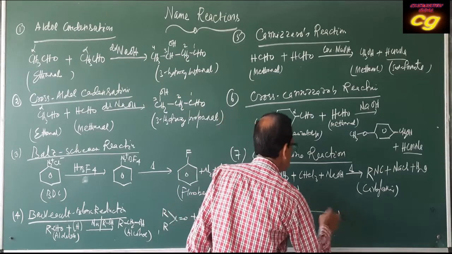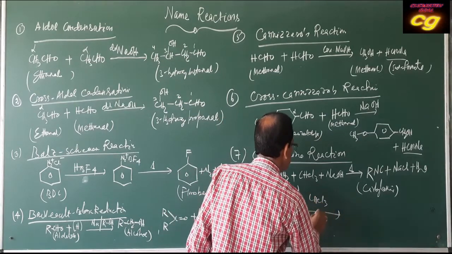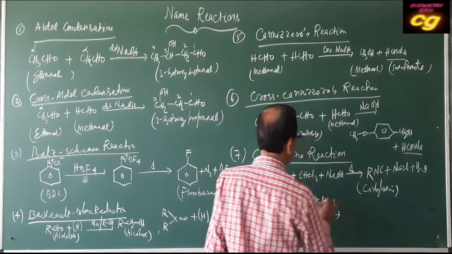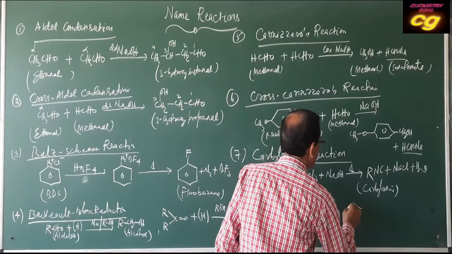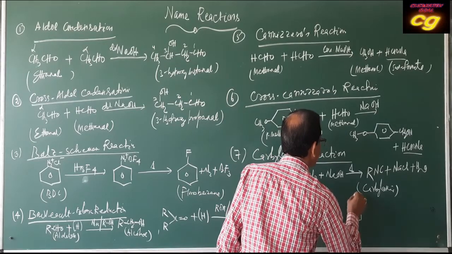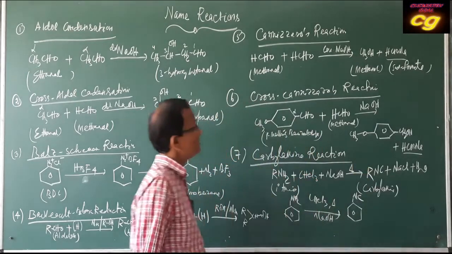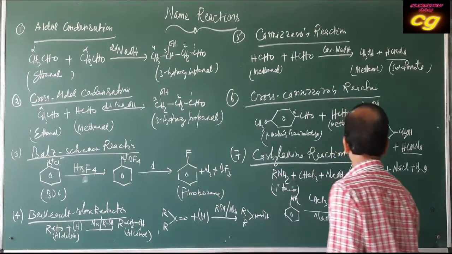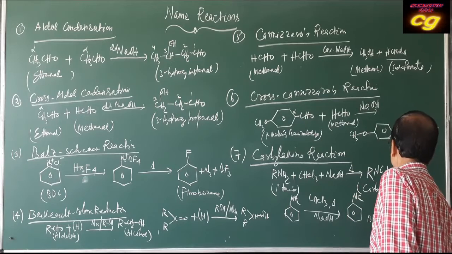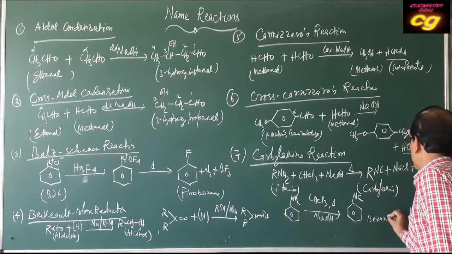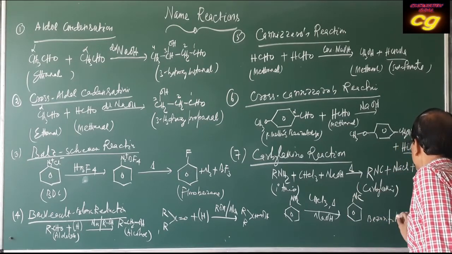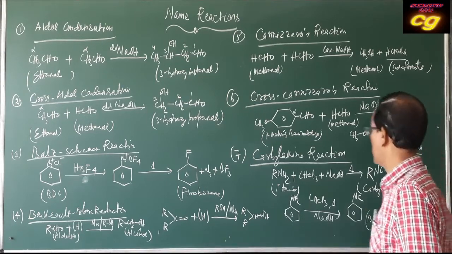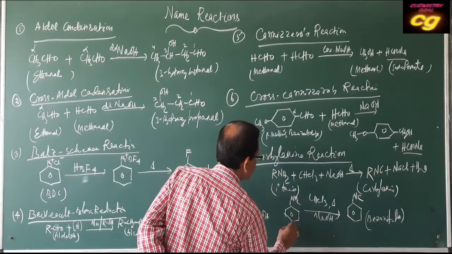Aniline also gives this reaction with CHCl3 and NaOH or KOH. On heating, the result is isocyanide. This is called your benzonitrile, this is called aniline.